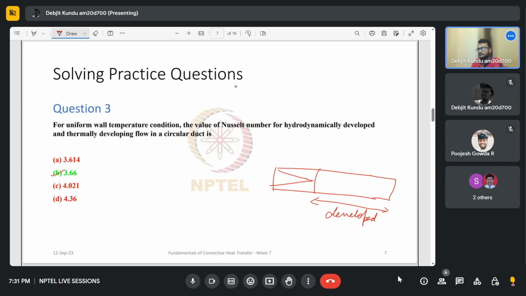So for thermally developing flow, the value of Nusselt number is equal to that of a fully developed flow as well, given that L, the length of the duct, is sufficient. Okay. Any questions regarding this?